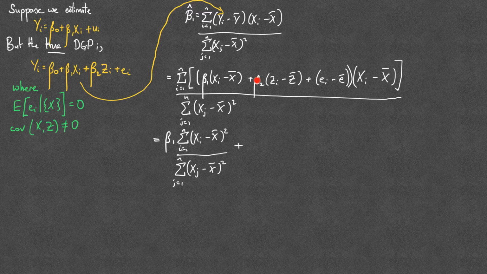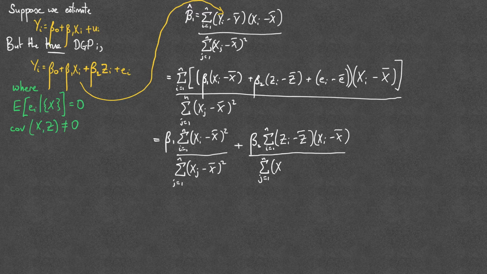plus beta 2 times the sum of zi minus z bar times xi minus x bar. So that's beta 2 times the sum from i equals 1 to n of zi minus z bar times xi minus x bar over the sum of the xi minus x bar squared, plus then we've got the sum of the ei minus e bar times xi minus x bar.